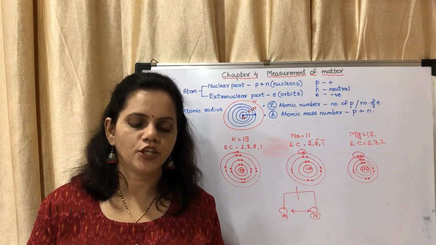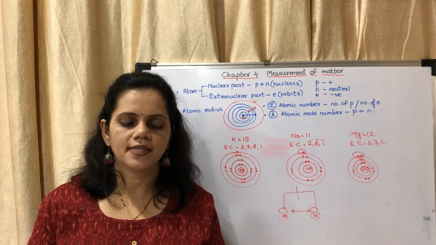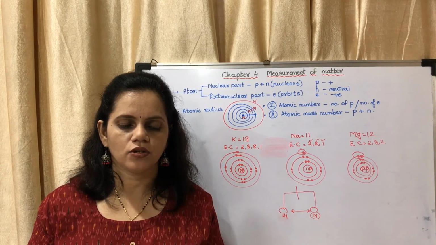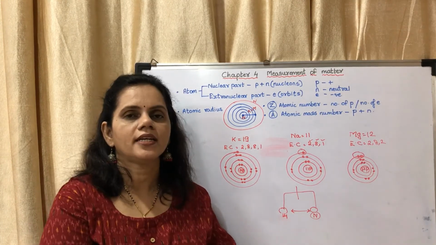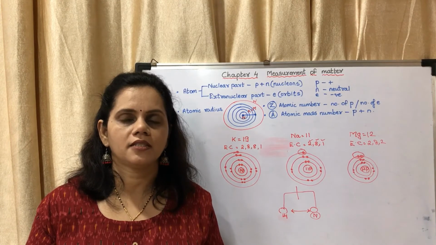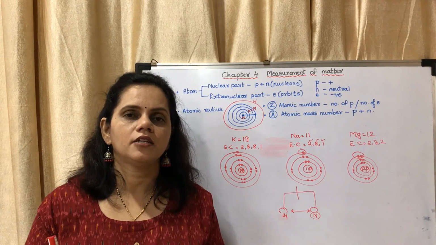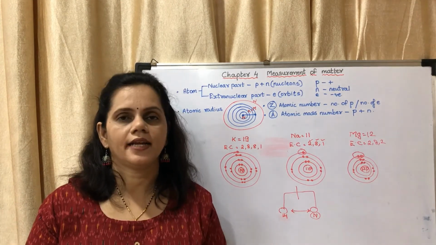Its symbol is u. 1 u is equal to 1.66053904 into 10 raised to minus 27 kg. You may imagine what the number will be. It is 0. followed by 26 zeros and then that number.